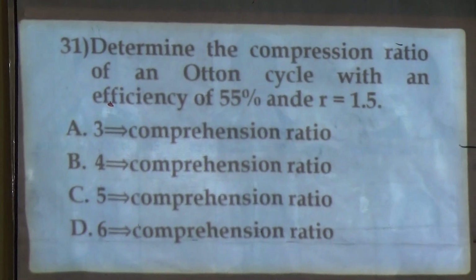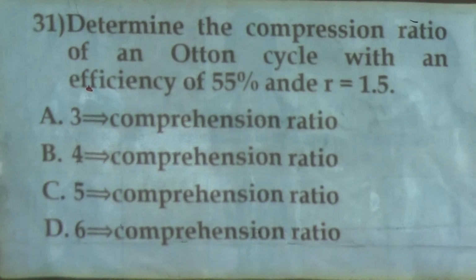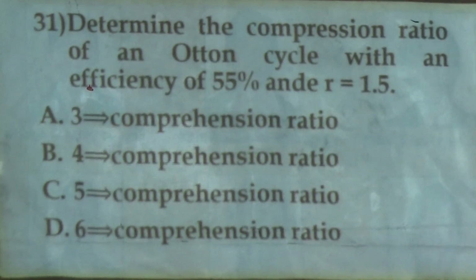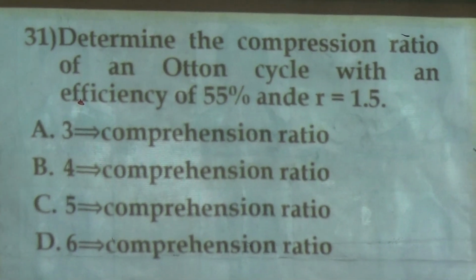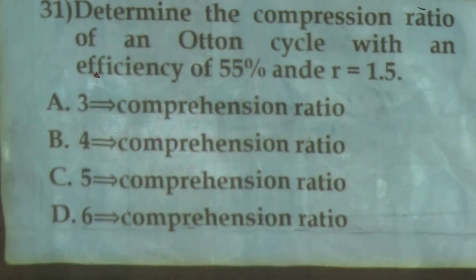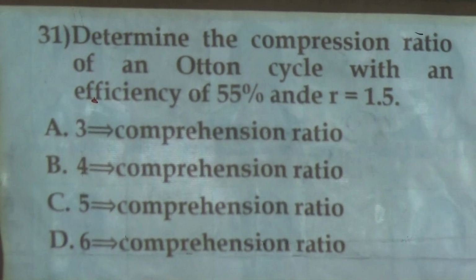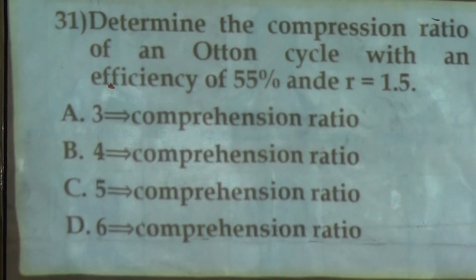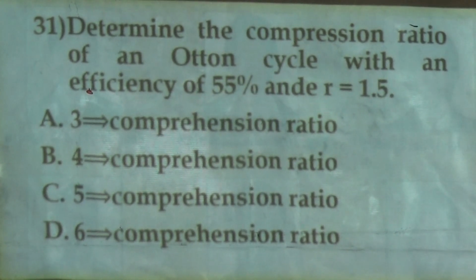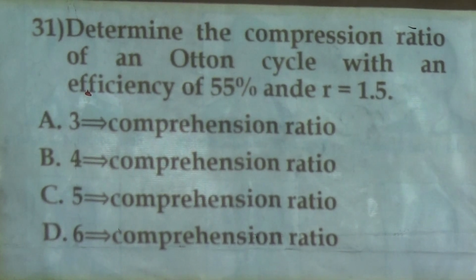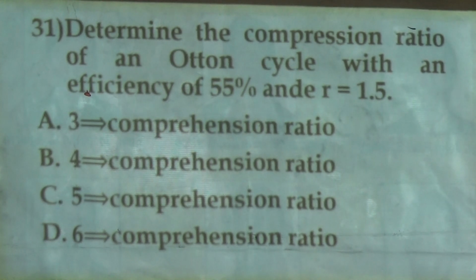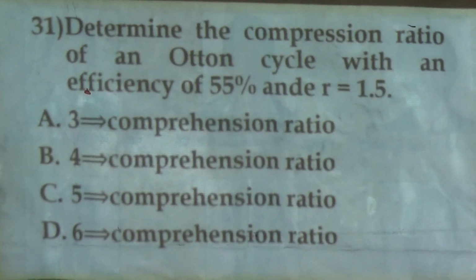Number 31. Thermodynamics pa rin tayo. Okay, let's write the given. 31. We have Otto cycle with efficiency of 55%, okay?